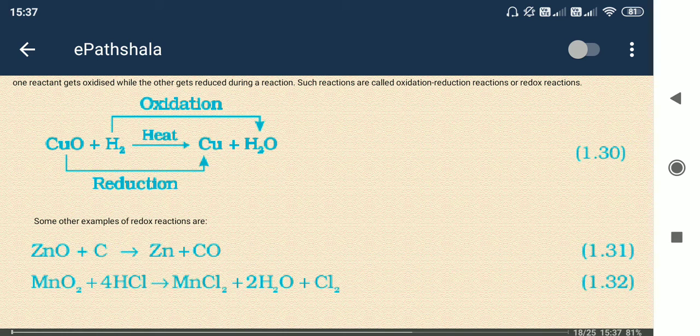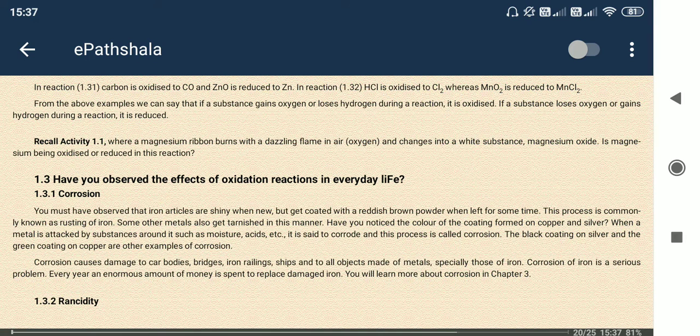So MnO2 is reduced because of oxygen removal, and hydrogen chloride is oxidized because of hydrogen removal. Likewise, oxidation and reduction occur simultaneously in a reaction.